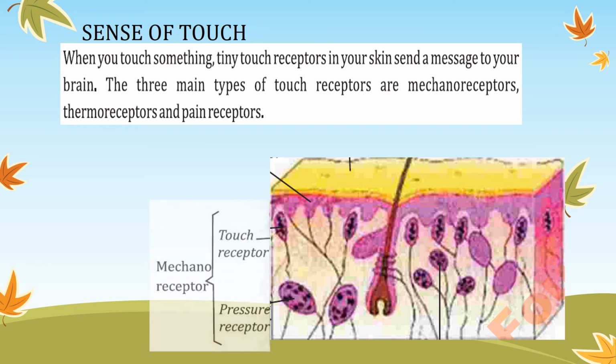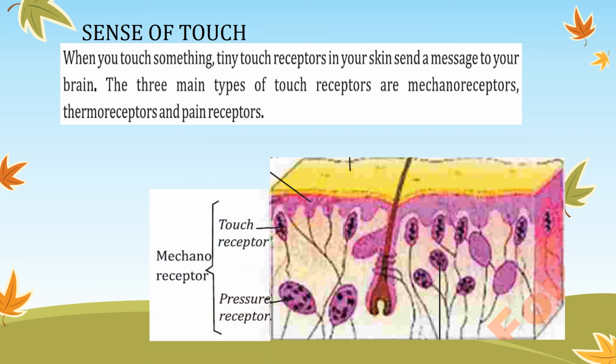These touch receptors are of three types. One is mechanoreceptors. Mechanoreceptors include touch receptors, which feel touching, and they also feel the pressure of something. So mechanoreceptors include the touch receptor and pressure receptor.